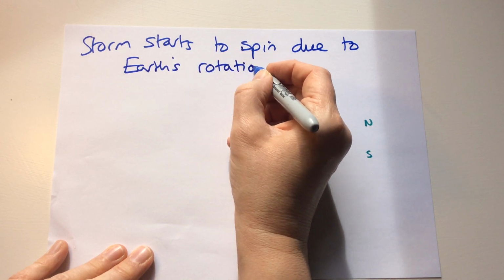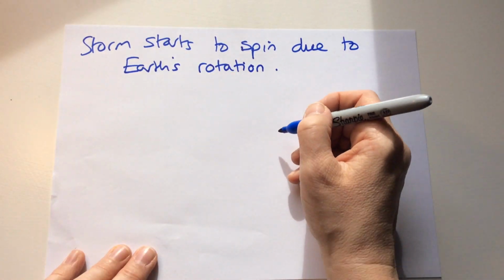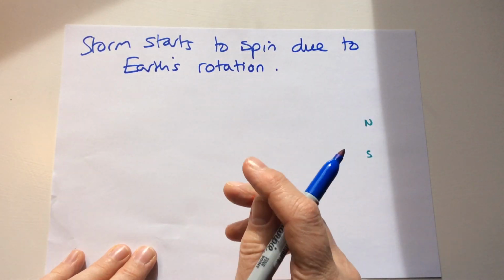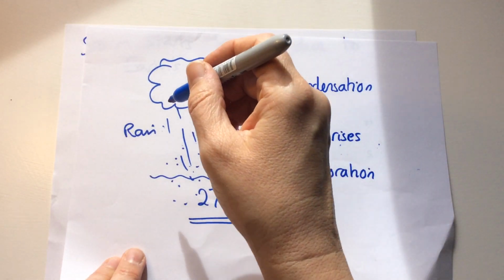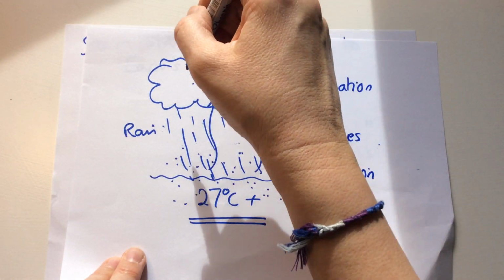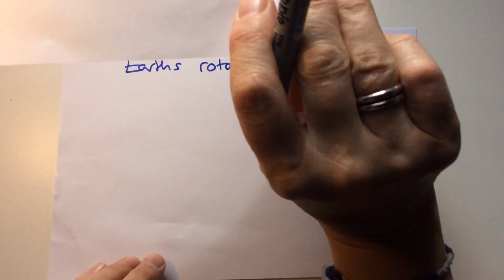Okay. Posh phrase, Coriolis effect. So we get this spinning storm happening, and as it's spinning, the warm air's rising, but the warm air's turning as it goes up, so it's almost like a helter-skelter, but back to front.